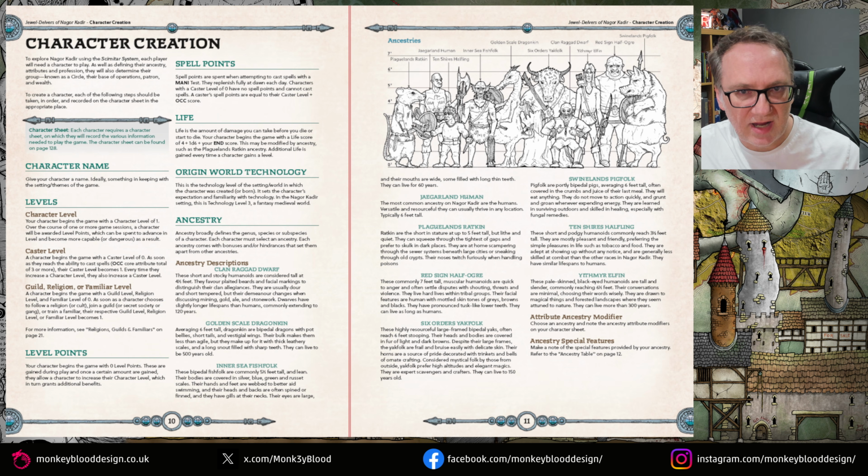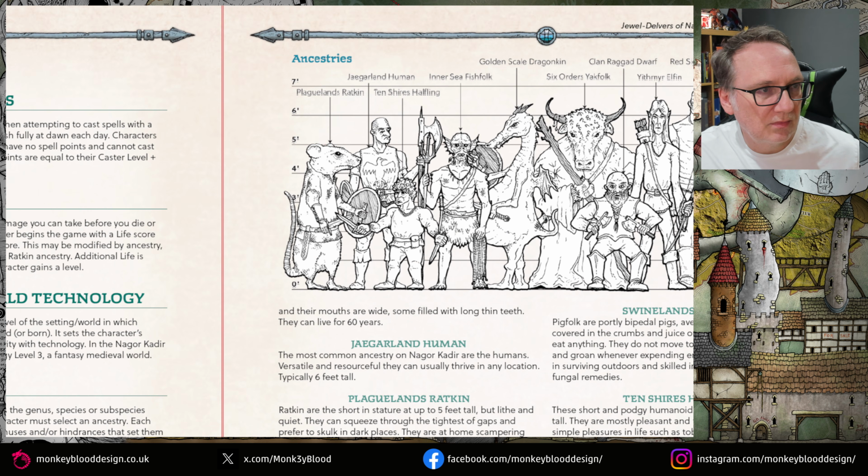Okay, so character creation. What we've got is ancestry, which includes plagueland ratkins, swinelands, pig folk, Golden Scale Dragon King. You can play these various kinds of, see if I can zoom in. Yes, I can.